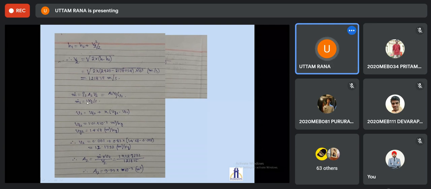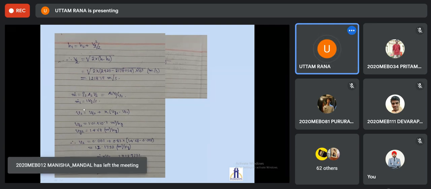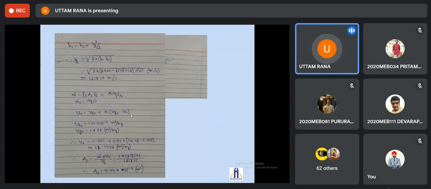We have to first find the specific volume: v2 is equal to vf2 plus x into (vg2 minus vf2). From the steam table, corresponding to the pressure at state 2, you get the values of vf2 and vg2, so you get the value of v2. Once you know v2, you can calculate, for 1 kg of mass flow rate, the area.